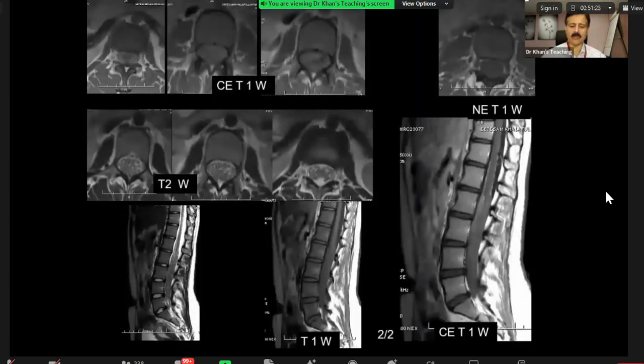But having said that, nobody is asking you to pick that up. You can just go to the differential, as in metastasis. Lymphoma also can occur anywhere. It can be intramedullary, extramedullary intradural, or it can be extradural also. So this was a case of lymphoma.